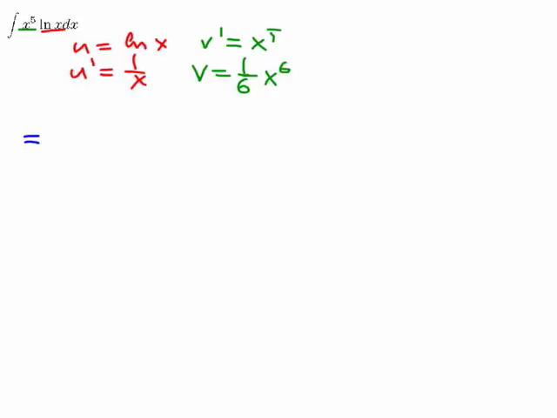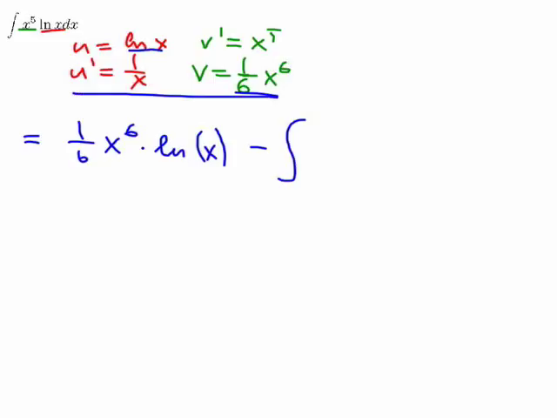We get first the product of the two non-derived factors. So we get 1 over 6 x to the 6 times the natural logarithm of x, minus a further integral, namely now we take the integral over our two new factors. We get 1 over 6 x to the 6 divided by x, which is x to the 5 dx.